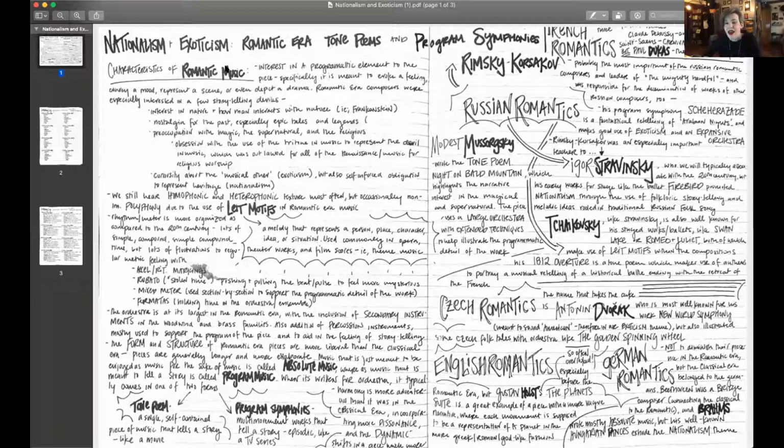That can be a mood, something that's more general, or something that is much more specific and has a kind of storyline to it. There are a couple of particular programs or narrative devices that Romantic era composers were particularly interested in. The first one is the interest in nature and how man interacts with nature.